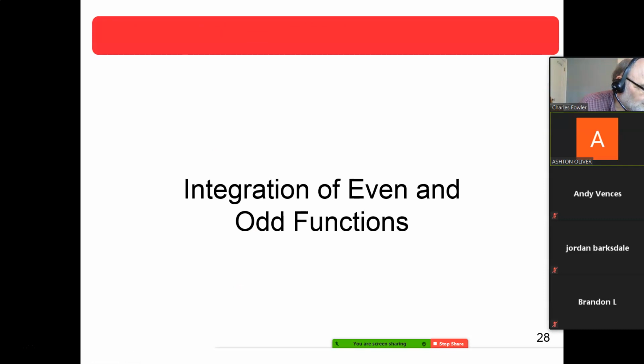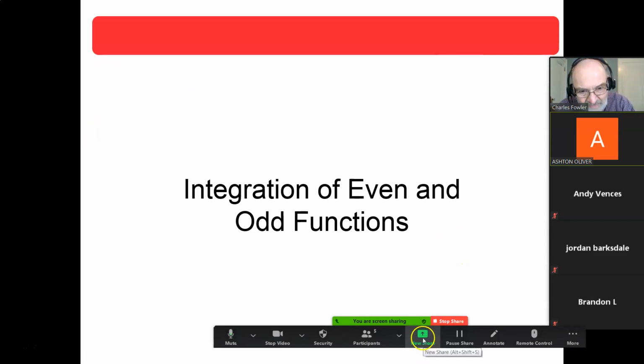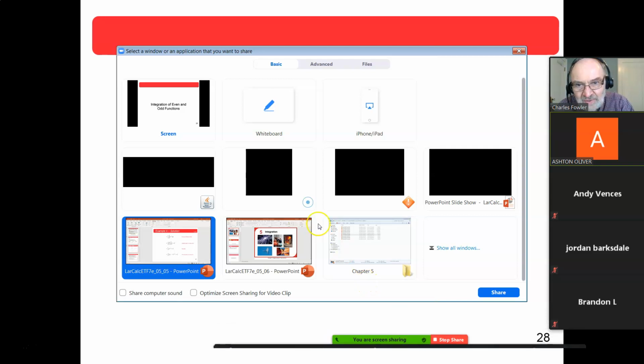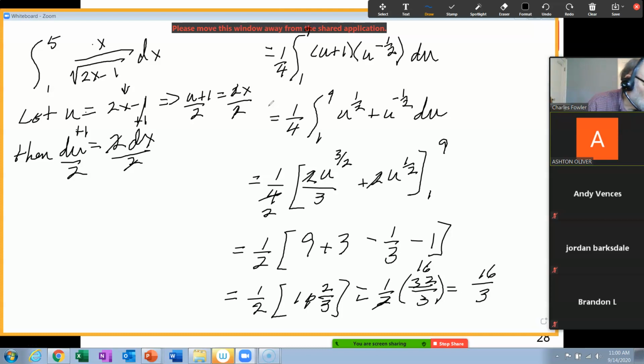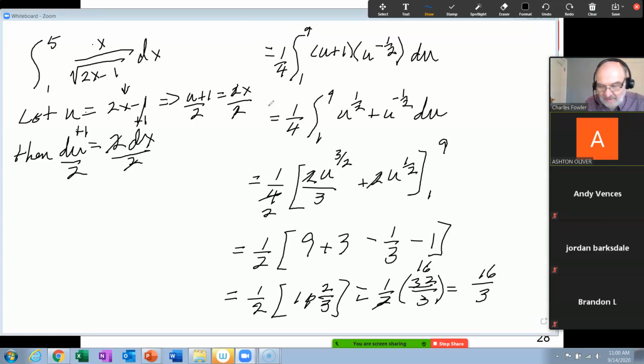Okay. Now, let's go back to our whiteboard. The bottom of this page here is saying geometrically, I'm going to set this aside for now. Goodness gracious, this thing's heavy.